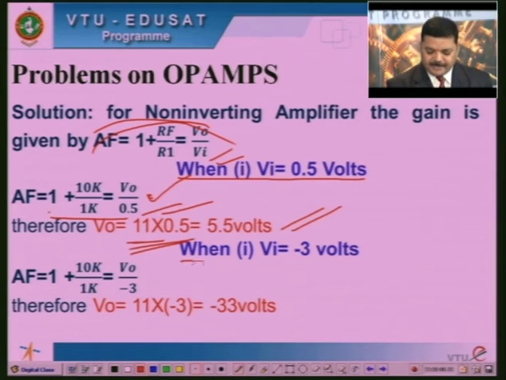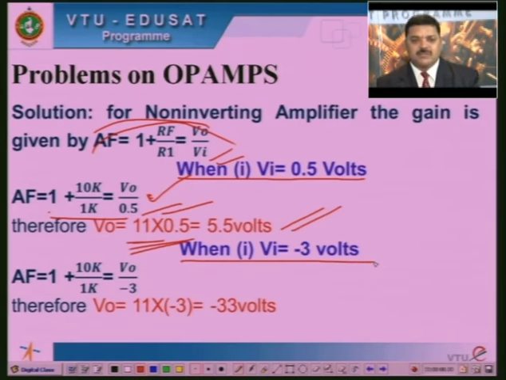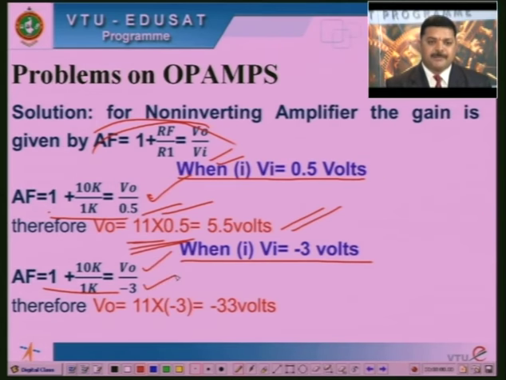Coming to the second case, when Vi is equal to minus 3 volts, what is the value of V naught? We need to find out. Again the same formula we can use: AF is equal to 1 plus RF by R1, which is equal to V naught by Vi. Therefore, AF is equal to 1 plus 10K by 1K, which is equal to V naught divided by minus 3.